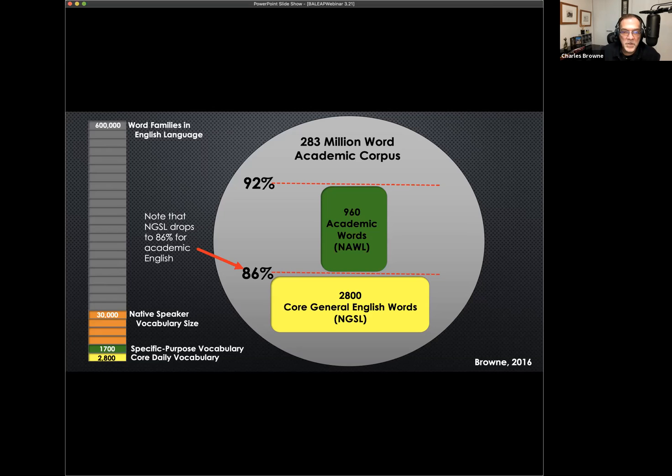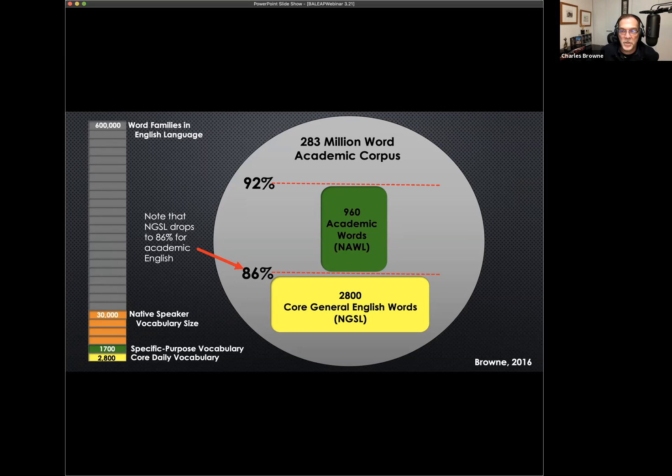Most of our other special purpose word lists are in the high 90s: 97%, 96%, 99%. The reason the new academic word list is so low is because academic English is very, very hard to predict. This is a general academic word list. So that means we are trying to cover dozens of different majors, engineering majors and nursing majors and liberal arts majors.